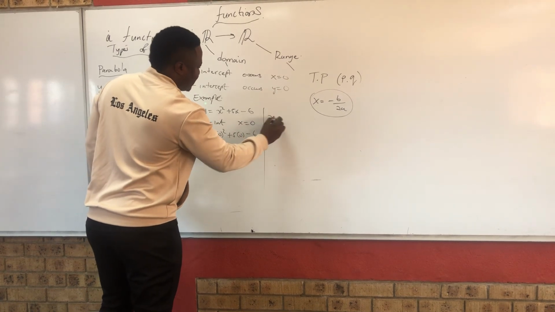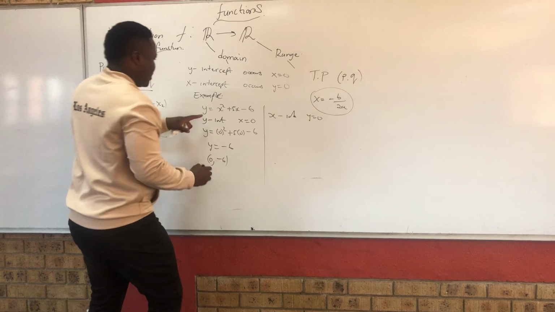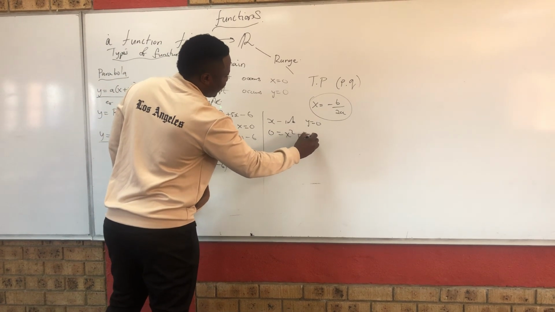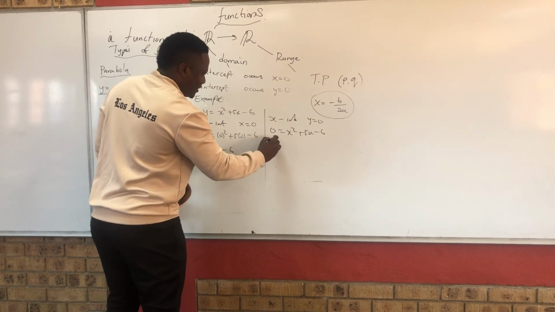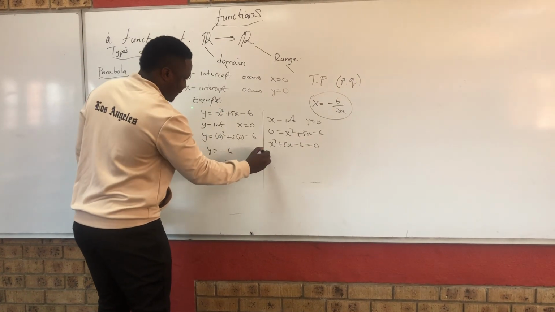And now let's try to get the x-intercept. The x-intercept occurs when y is 0. Then you put 0 here and you get x² + 5x − 6, and you equate it to 0 and solve for the value of x.